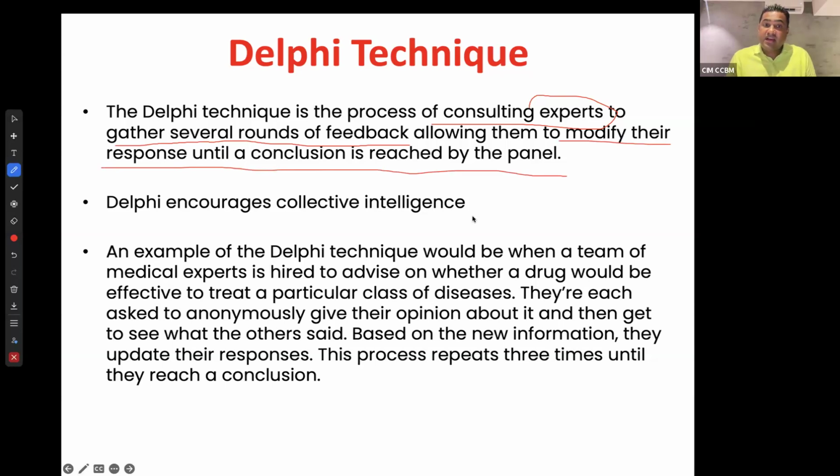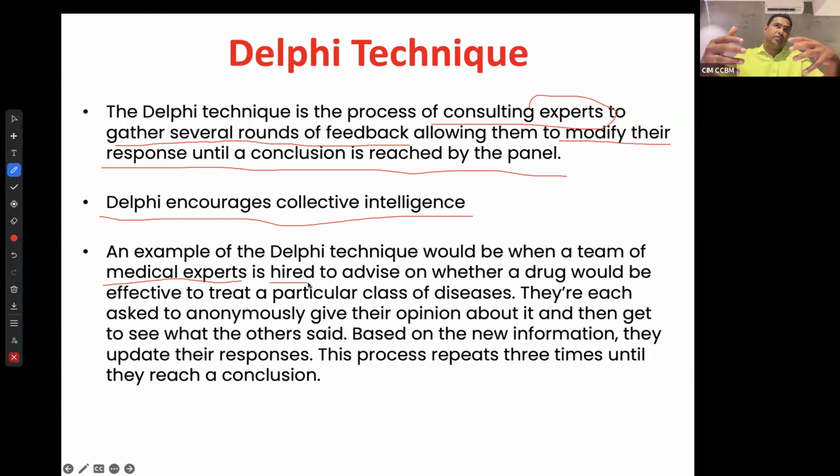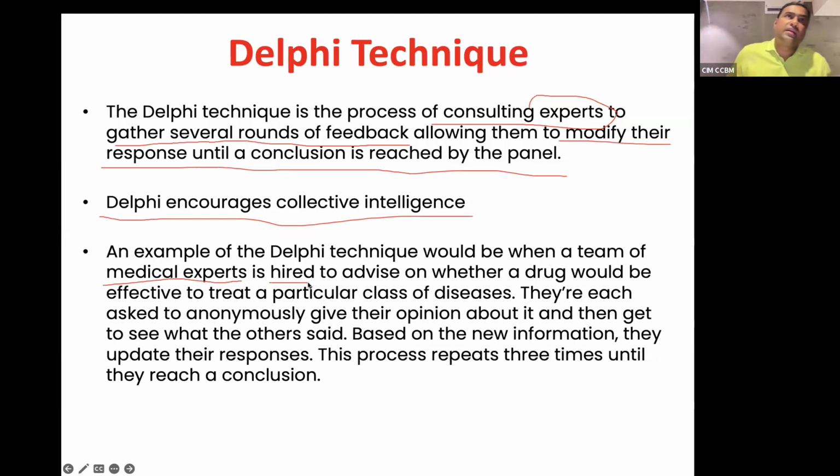Delphi encourages collective intelligence. So let me try and explain this to you. An example of a Delphi technique would be when a team of medical experts is hired. Let's say you select about 10 cardiologists, heart-related doctors, 10 of them.